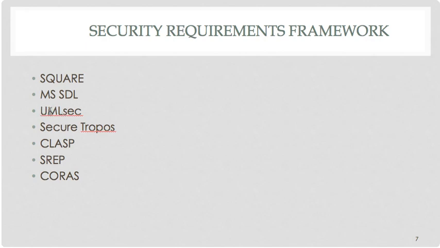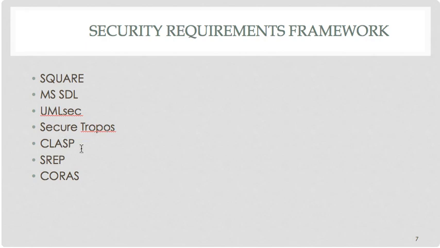The next is UMLsec, which is developed to establish security for critical systems. SecureTropos is a well-defined methodology that allows analysts to consider security issues at all stages of the software development lifecycle.